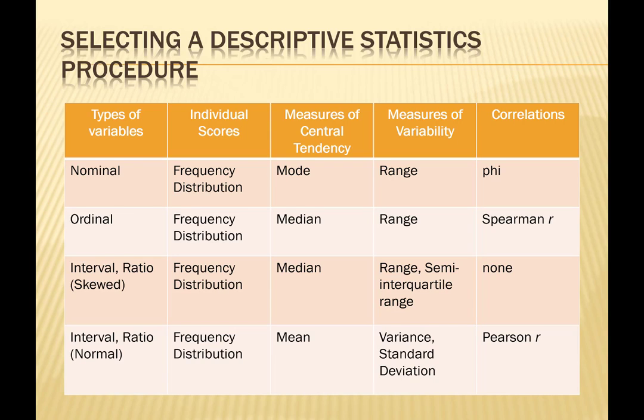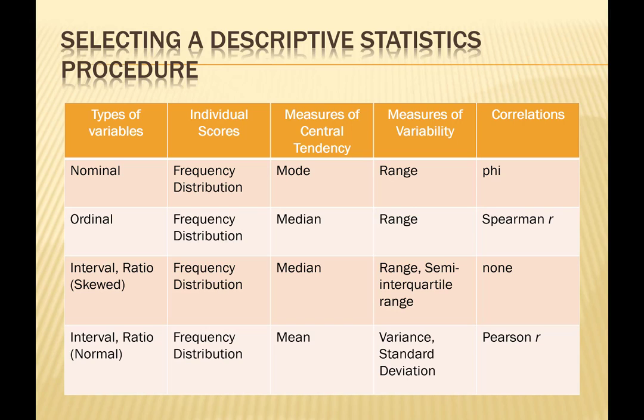Now we're talking about measures of variability, which is to say, what is the variation of numbers around the mean, right? If we know what the average is or the midpoint is, what do the other numbers look like around that number? And then the next topic is going to be on correlations. But first, measures of variability.